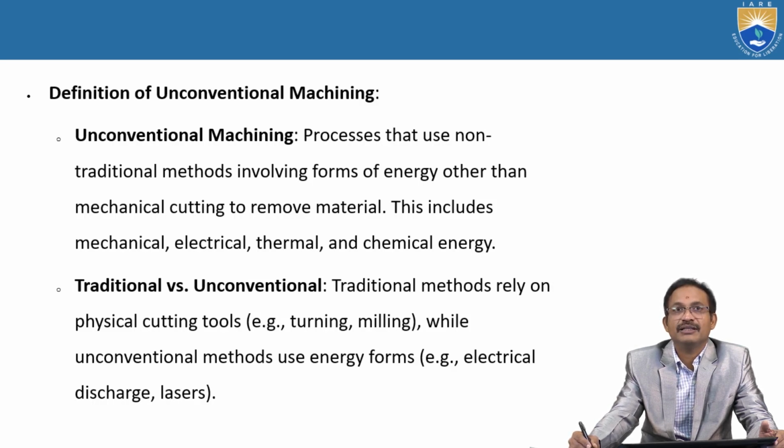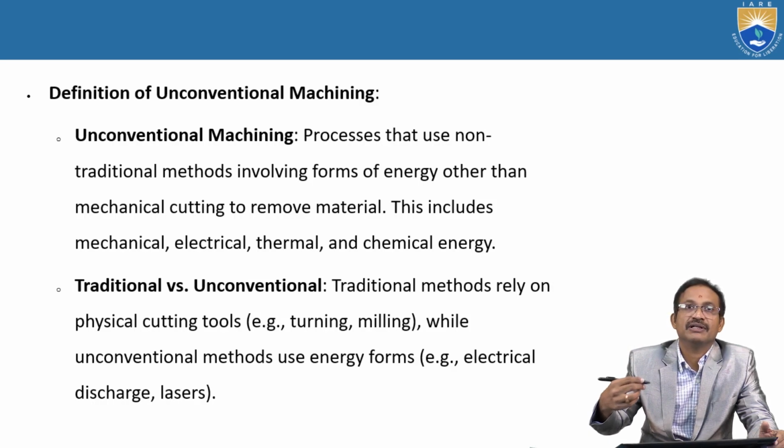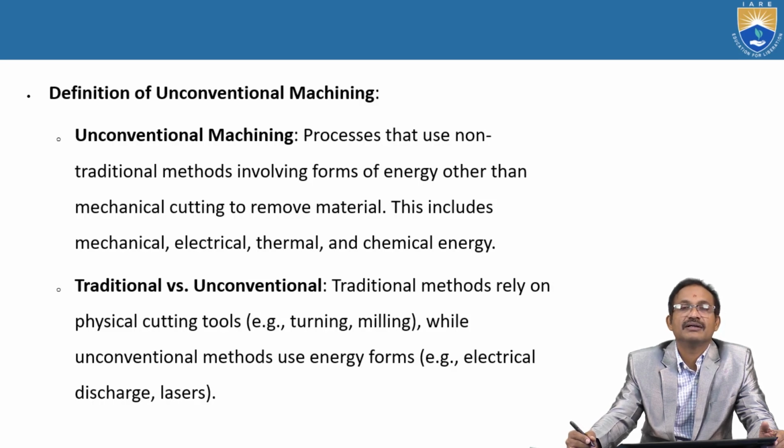If you take a lathe machine, when the tool physically strikes the rotating workpiece, it removes the material in the form of chips of different thickness. It is not possible with unconventional machining processes. So for simple step turning or simple turning, we need not go for unconventional machining processes. We can use CNC machines rather than this traditional machining process.